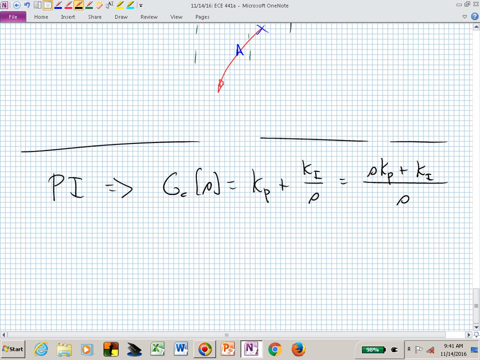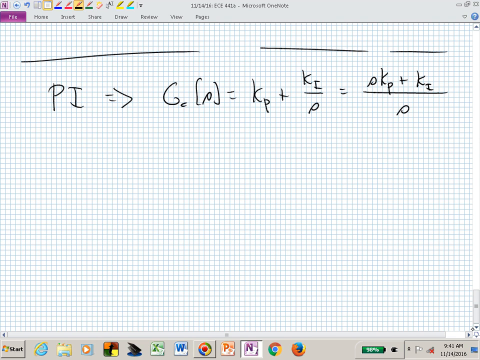But let's go a little bit further and let's do a PID controller. But you could now design this. You have now two parameters to adjust. The K sub P and K sub I can now locate that 0 and the gain in that controller.